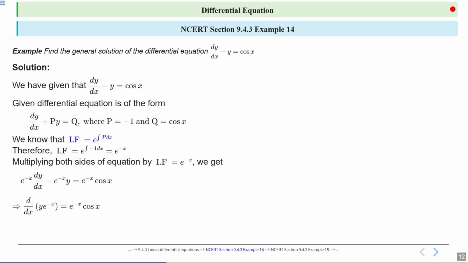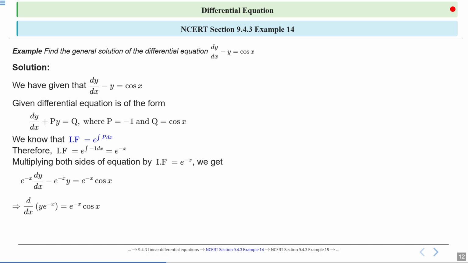So the LHS can be written as d by dx of y into e to the power minus x. We can observe that when we differentiate y into e to the power minus x by the product rule, we get e to the power minus x into dy by dx, plus y into the differentiation of e to the power minus x, that is minus e to the power minus x.